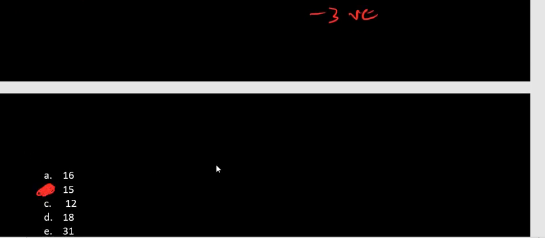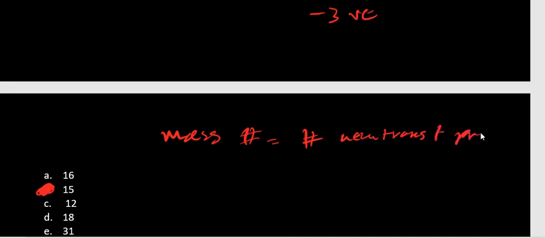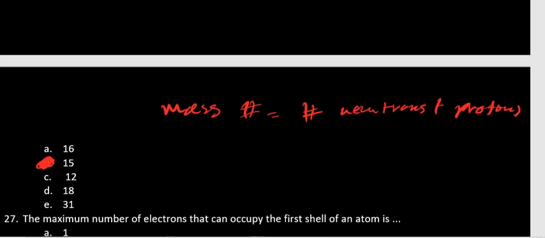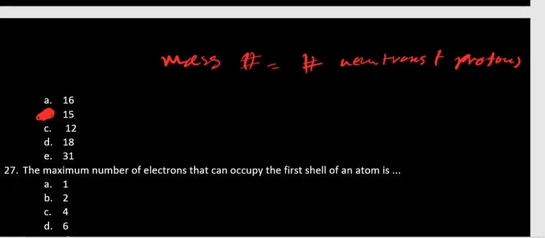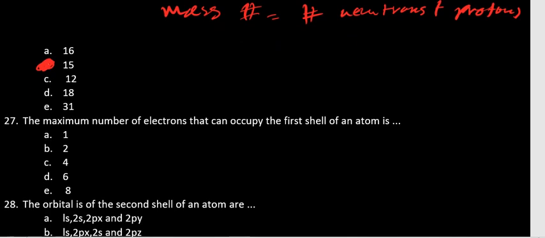Nothing more, nothing less. In case I don't come across a question for mass number, you just add the number of neutrons plus protons, then you have the mass number. Then the electrons are equal to the number of protons.